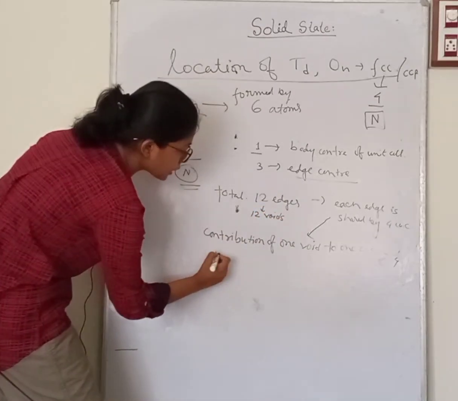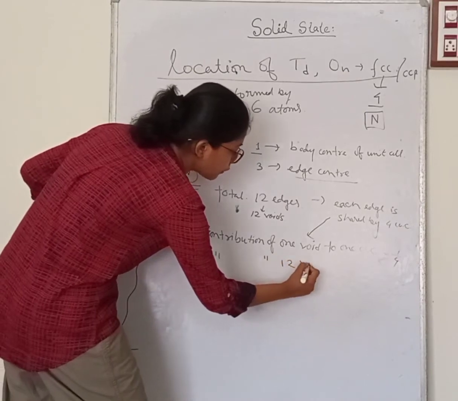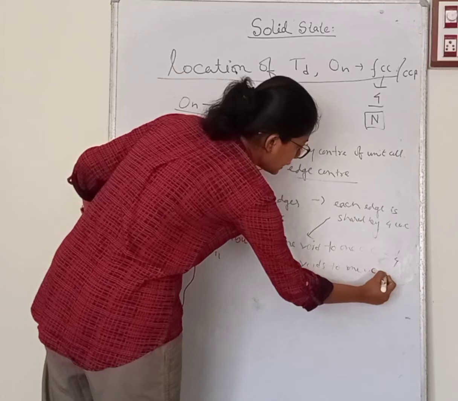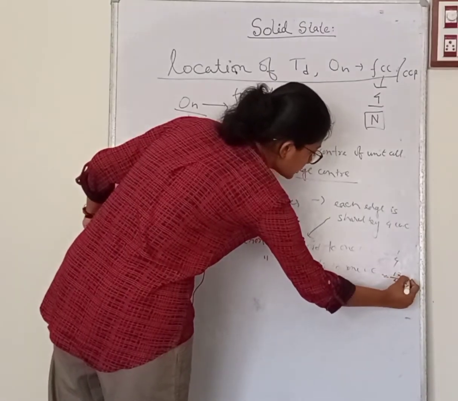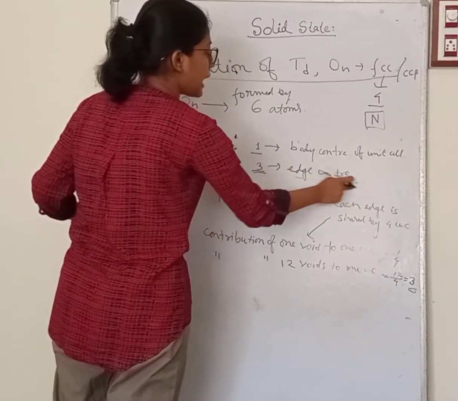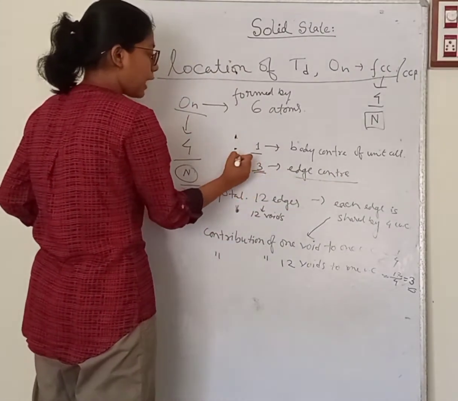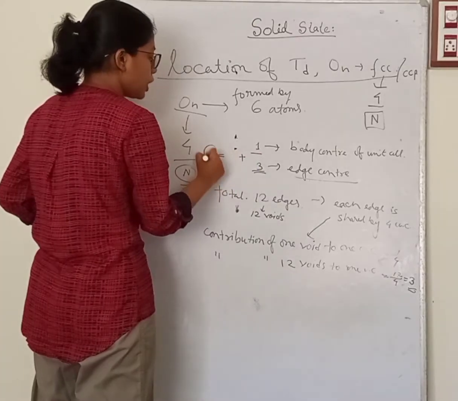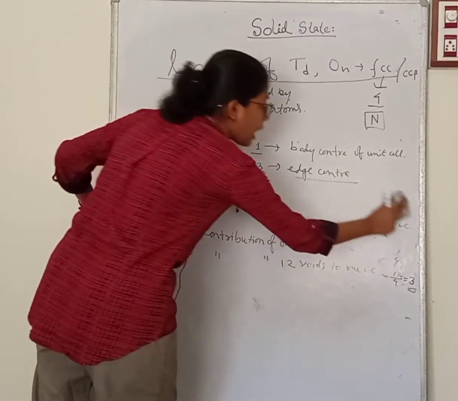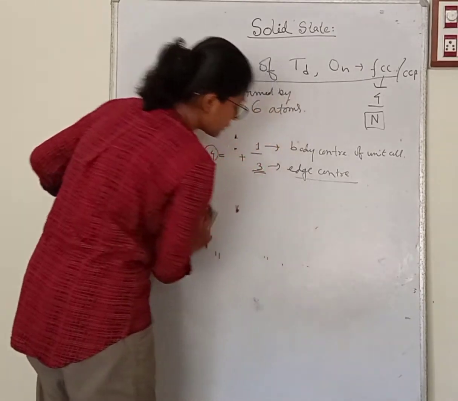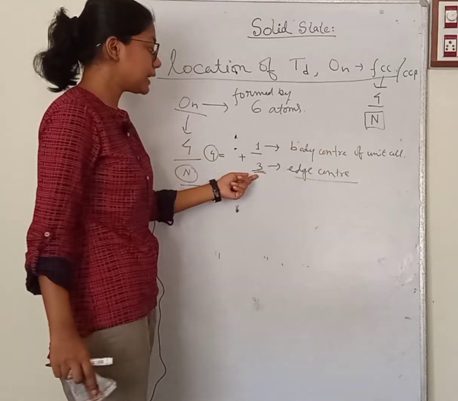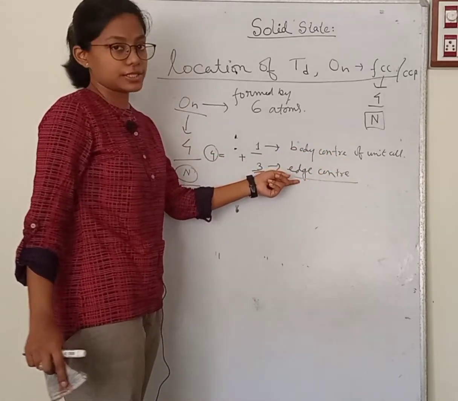The contribution of 12 voids to one unit cell will be 12 by 4, which is equal to 3. So we have 3 from the edge centers. Total how many? 3 plus 1 is equal to 4. So we have a total of 4 octahedral voids. And where are they located? 1 at the body center of the unit cell and 3 at the edge centers.